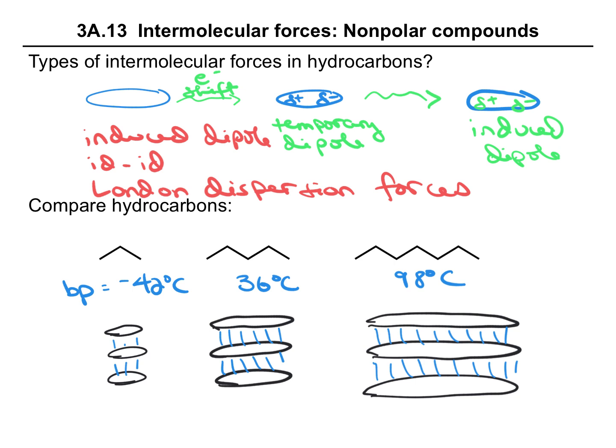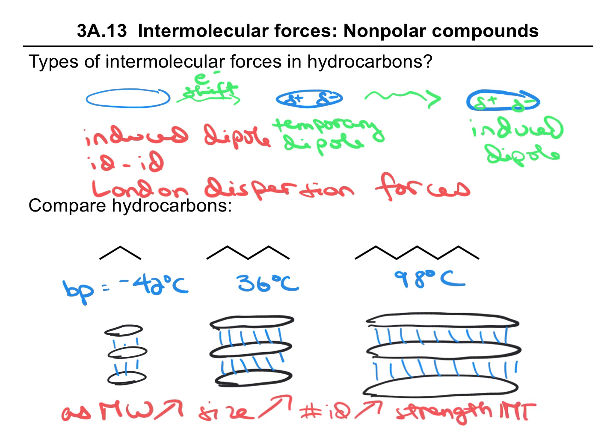So in the case of induced dipole interactions, as the molecular weight increases, the size of the molecule increases. As the size increases, the number of induced dipole interactions increases. As the number of induced dipole interactions increases, the strength of the intermolecular forces increases. And as the strength of intermolecular forces increases, the boiling point increases.